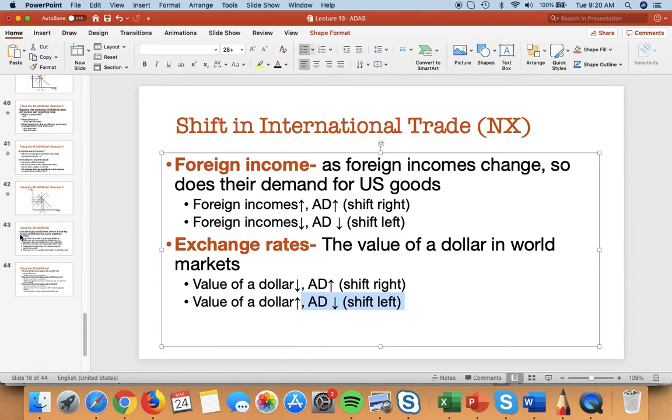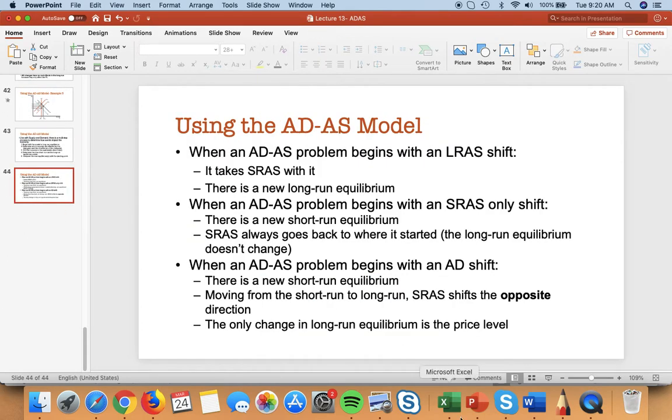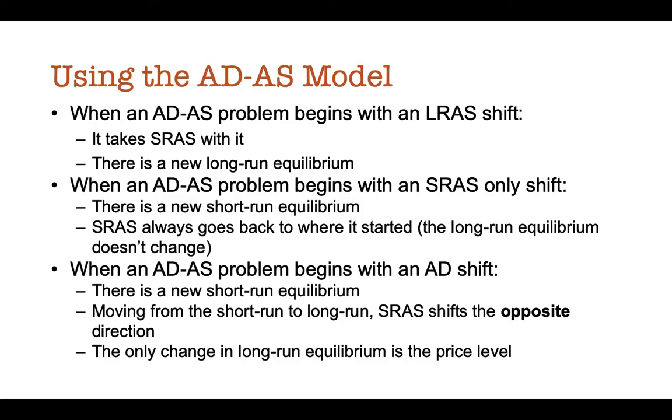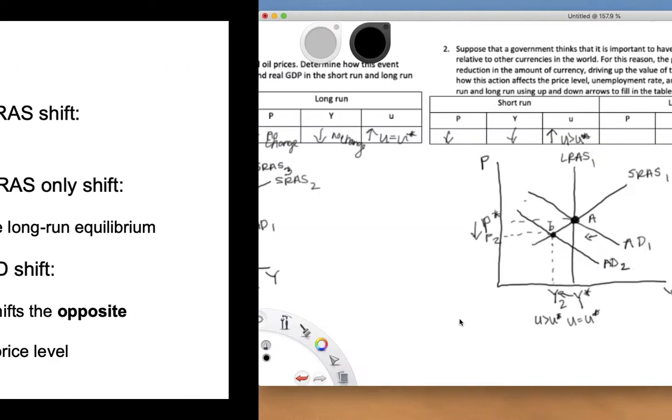Again, if you go to the end of these notes, now that we know how the problem starts, we can just follow a pattern to figure out the rest. So this bottom bullet point, when an aggregate demand, aggregate supply problem begins with an AD shift, we've got our new short run equilibrium, just marked that, just filled in the table for that. And then going into the long run equilibrium, short run aggregate supply will shift the opposite direction, okay?